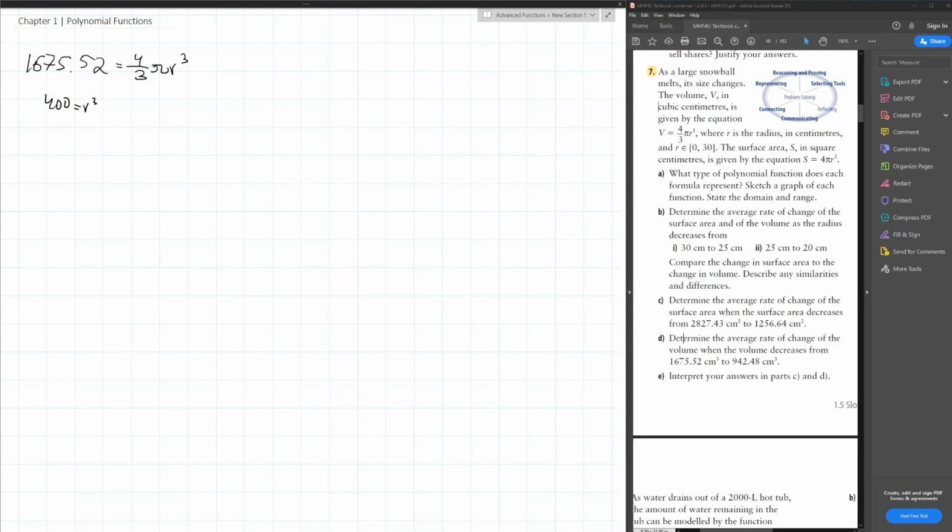That's 421, so a little bit too big. Then let's go in the middle. 7.25 times 7.25 times 7.25. A little bit too small. 7.3. A little bit too small. 7.4.